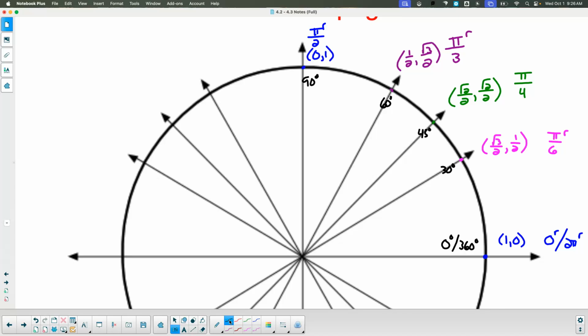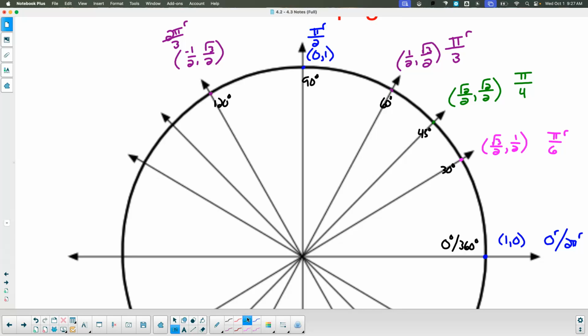And then everything after that in terms of points is just a reflection. So here, this one would be negative 1/2, comma, the square root of 3 over 2, which would be then 2 pi over 3, or 120 degrees.